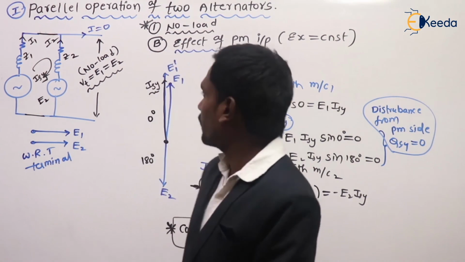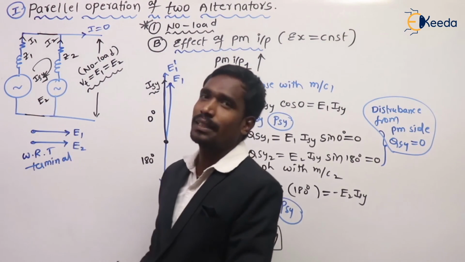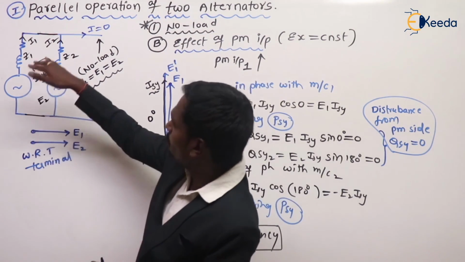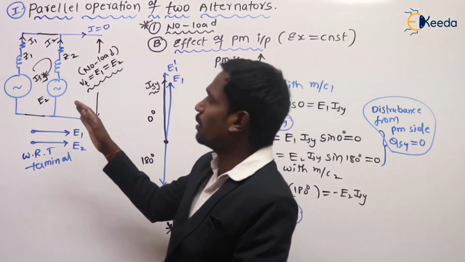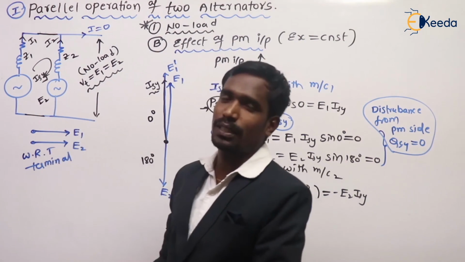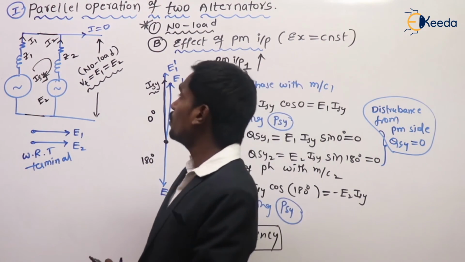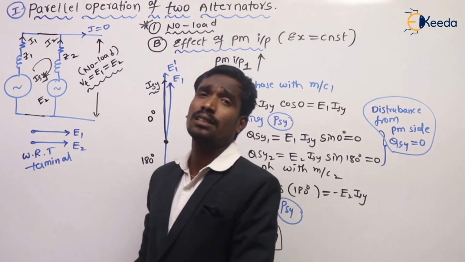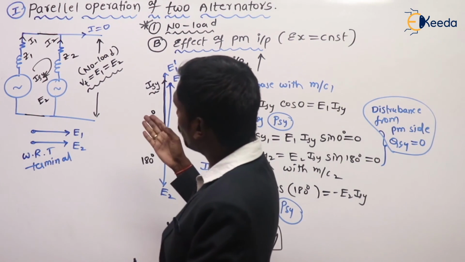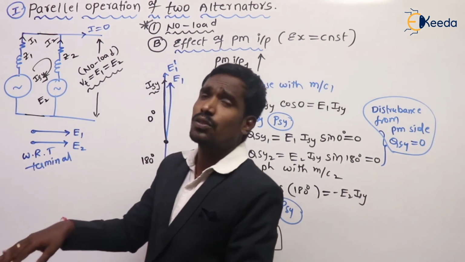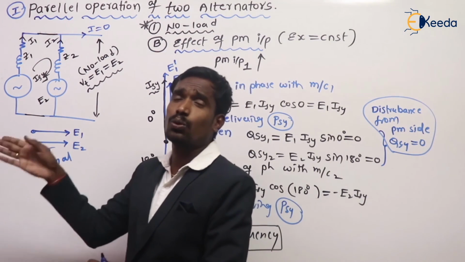Here, when the prime mover input of my machine 1 increases, the active power flows from machine 1 to machine 2. That's why machine 1 acts as a generator and machine 2 acts as a motor. If the prime mover input of machine 2 increases, then what happens? The active power flows from second to first. So the second acts as a generator and the first acts as a motor.